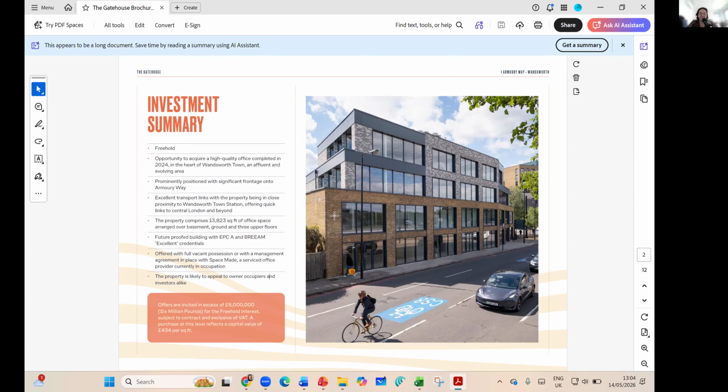The interesting thing here is that it says it can be sold with full vacant possession, so it's empty, or with a management agreement in place with Spacemate. Normally when you buy this kind of investment with a tenant in place, they show you what the rent is going to be. In this case, they don't mention rent, so you might think the rent is not great.